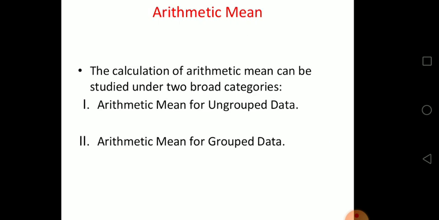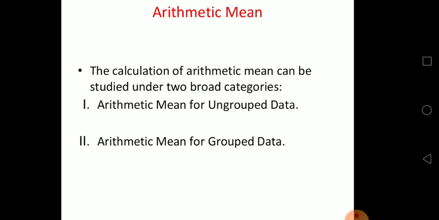Arithmetic mean. The calculation of arithmetic mean can be studied under two broad categories, and the first is arithmetic mean for ungrouped data. We also have arithmetic mean for grouped data. Briefly, what do you understand by ungrouped data?